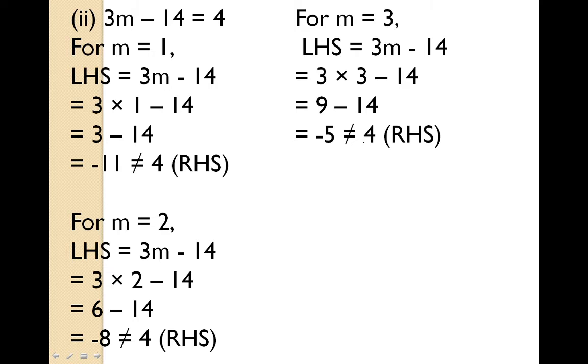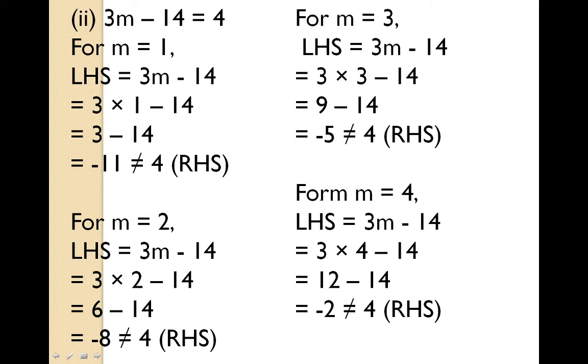So negative 5 is not equal to 4, RHS. And if we substitute the value 4, LHS is 3m minus 14, that is 3 into 4 minus 14. So 3 fours are 12, 12 minus 14 we get negative 2, which is not equal to 4.